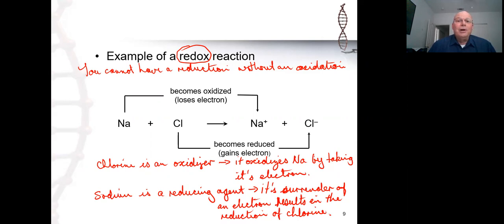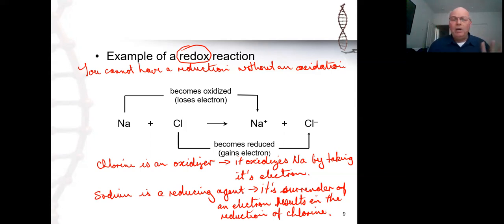And so not only are redox reactions gain and loss of electrons, but they're also about gain and loss of energy, which means they're a combination of an exergonic and an endergonic reaction, something that we talked about in the last presentation, that you frequently couple together an exergonic reaction to an endergonic reaction to provide the energy to drive the endergonic reaction. This has not changed here. We're seeing the same thing.